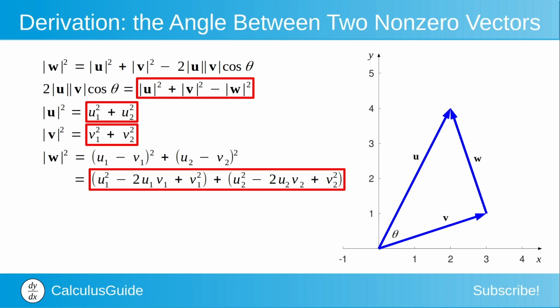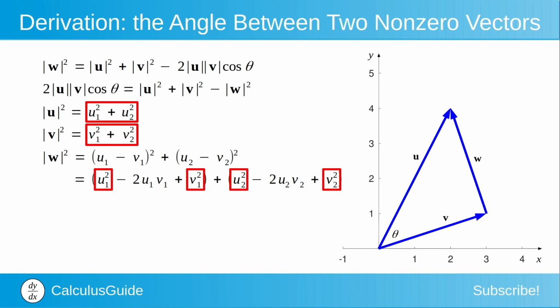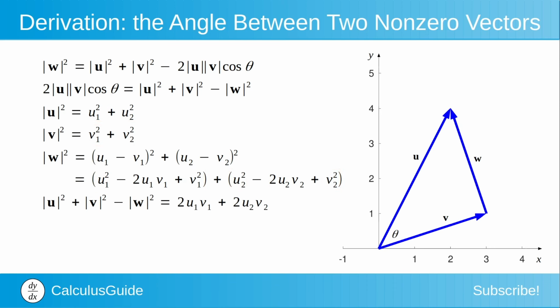When we do this, these components highlighted in red cancel each other out. Because of this, the length of the vector u squared plus the length of the vector v squared minus the length of the vector w squared is equal to 2 u1 v1 plus 2 u2 v2. We can express 2 u1 v1 plus 2 u2 v2 as 2 multiplied by open bracket u1 v1 plus u2 v2 close bracket.